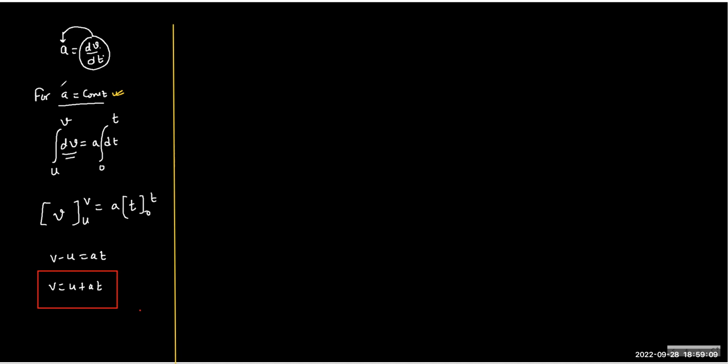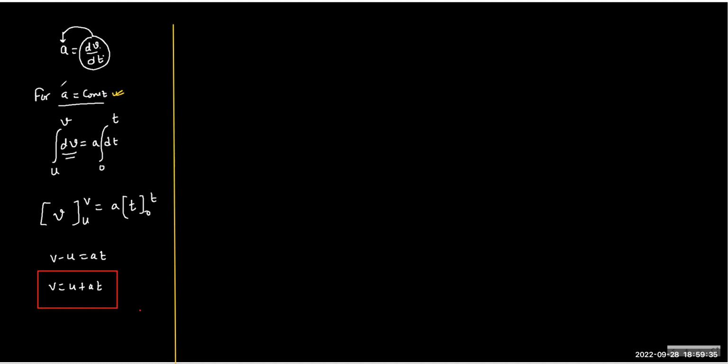Okay. So given that A is constant, what are the possible relationships that we can think about? Understood? In the very beginning, when you start solving kinematics, the common mistake is that you start solving questions applying the formula V equals U plus AT for acceleration which is a function.